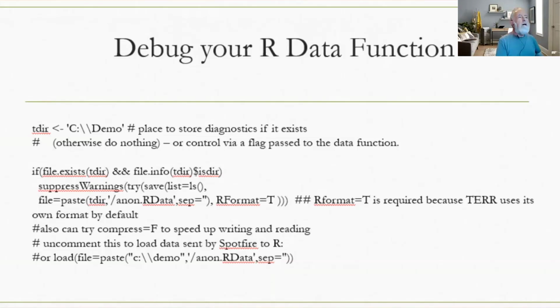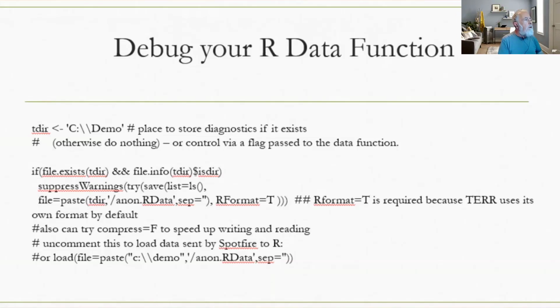That's very nice. So one of the things we face as we get more into using data functions is that there's more and more complexity, and we're passing more and more things from Spotfire into the data function. And ordinarily, that's not very visible.